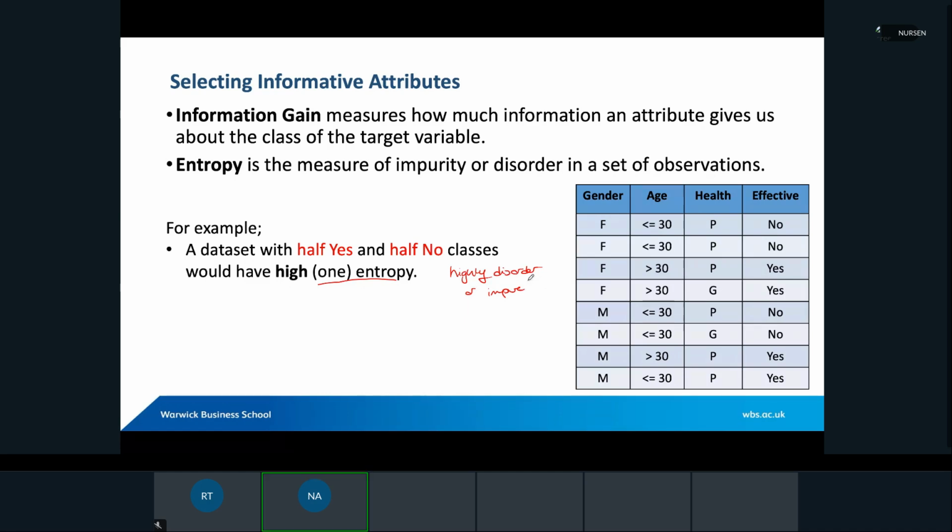That means when we make a prediction, we would be sure that the medicine would always be effective. But if we have an equal amount from each category in the target variable, entropy is 1, and this is highly disordered or impure. So these are the boundary conditions, or specific values of entropy. This value is always between 0 and 1. 1 is disordered and 0 is pure.